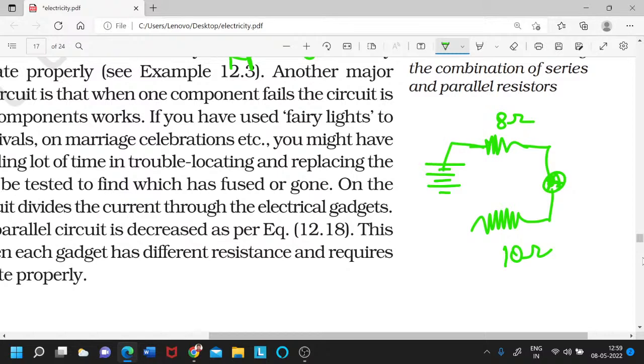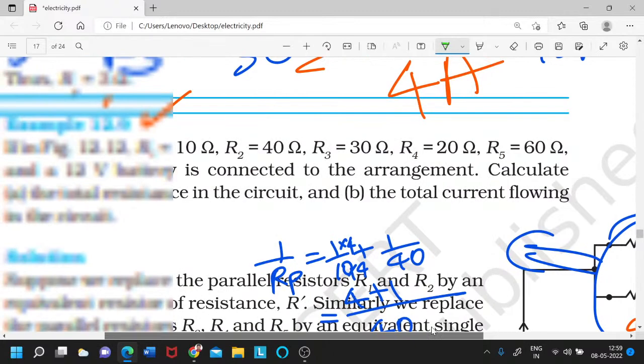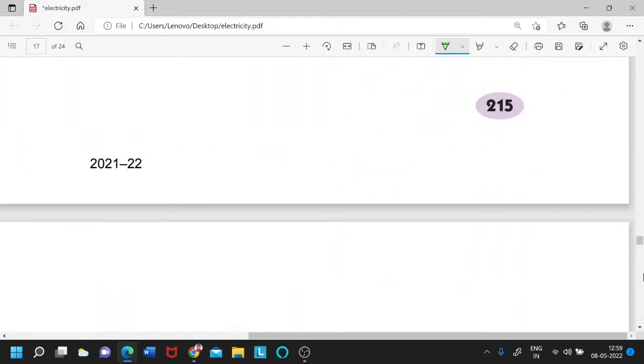How much voltage is applied now? Just check the question paper. Sorry, the question says 12 volt. So voltage is 12.